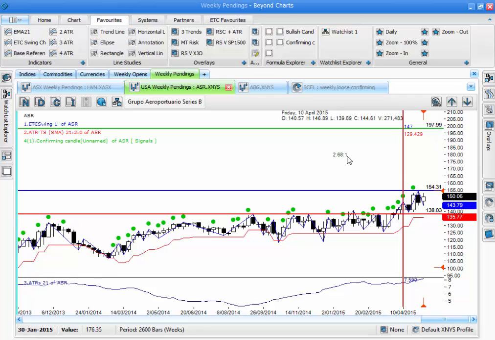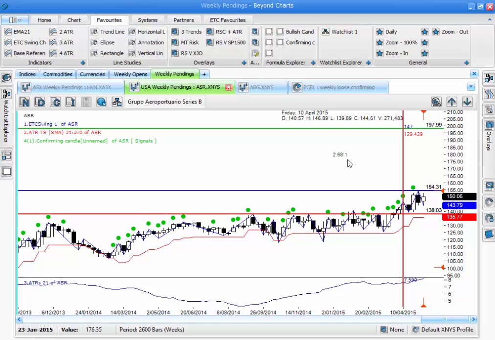So as a result, reward to risk on this trade 2.68 to 1 on ASR. So entry level 154.31, initial stop 138.03, and scale out at 197.99, just under the $200 level.